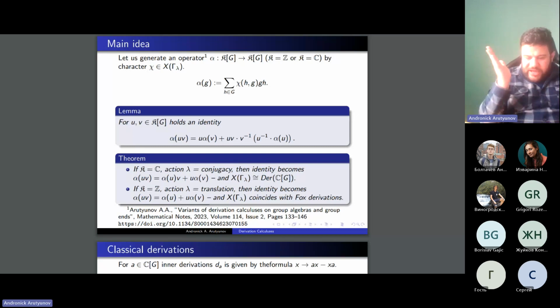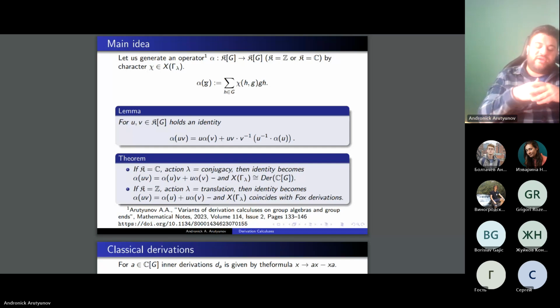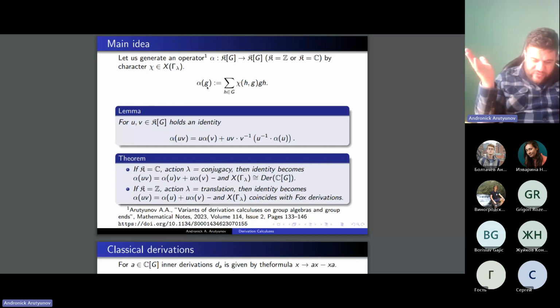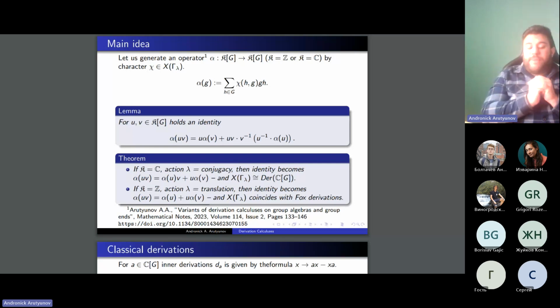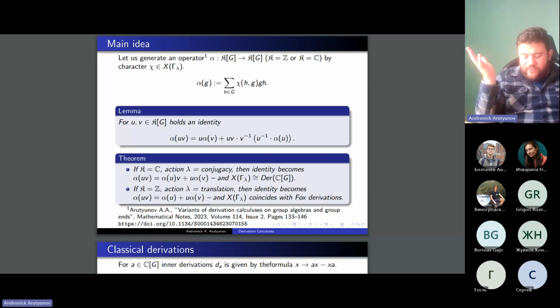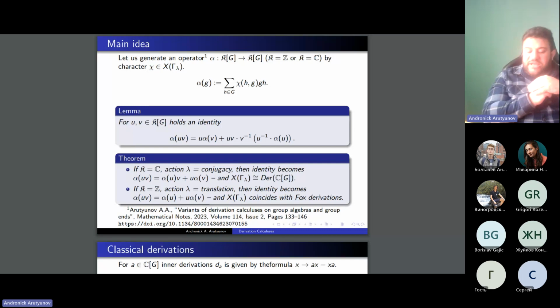Very nice. But of course, you can take other actions, other ways of writing this linear operator. You will get other types of quasi-differential calculuses, with other types of identities. But I didn't find other interesting types of such identities.